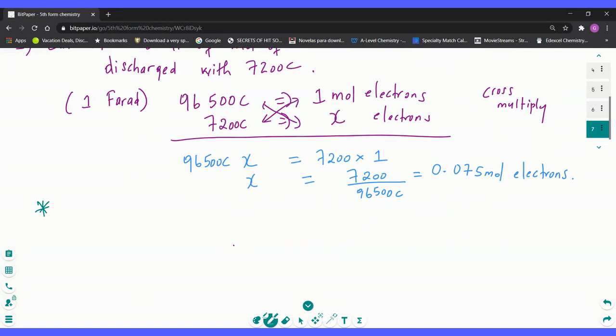So basically what I want you to know at this point is that if I give you the current and I give you the time, you should be able to work out the charge. And you can also use that charge to see how many electrons you can get.